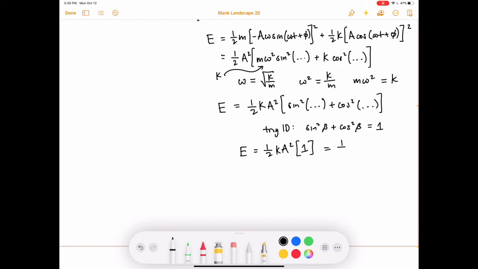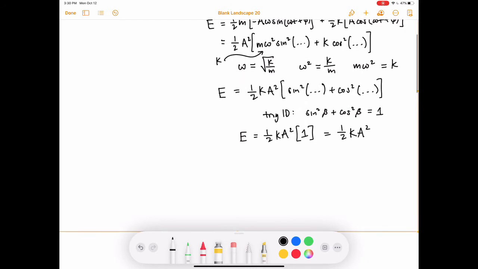So that proves the first result, that the total mechanical energy, E, can be expressed as 1/2 k a squared purely in terms of the amplitude. Now, k and A are two constants, so this implies E is a constant as well.